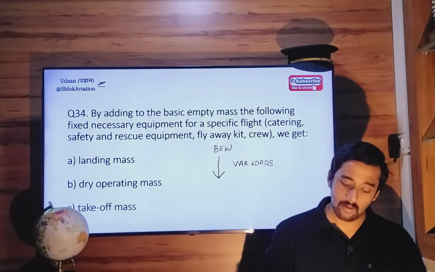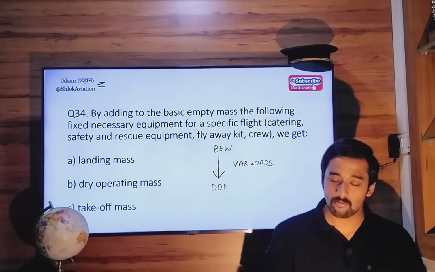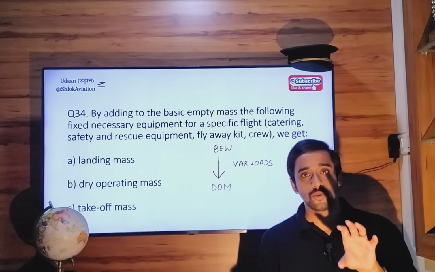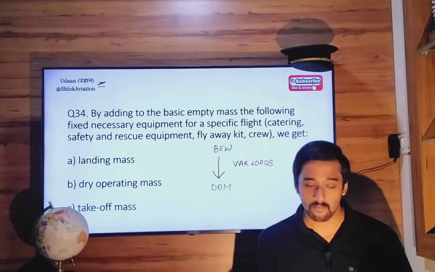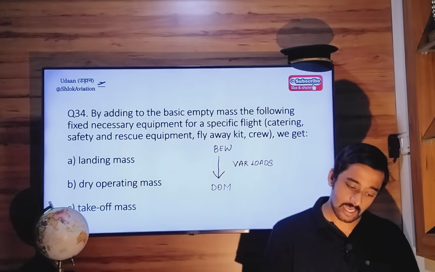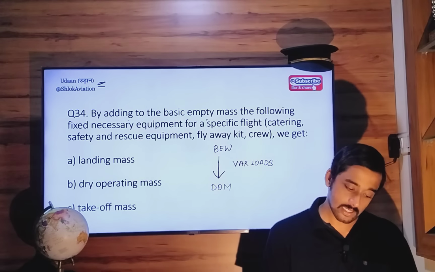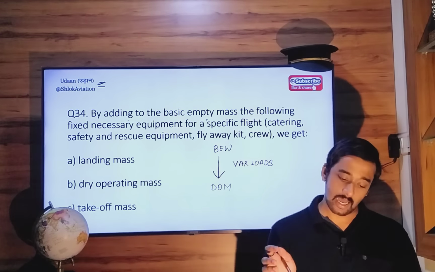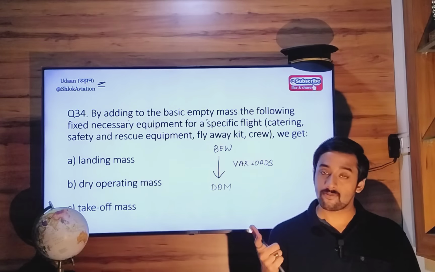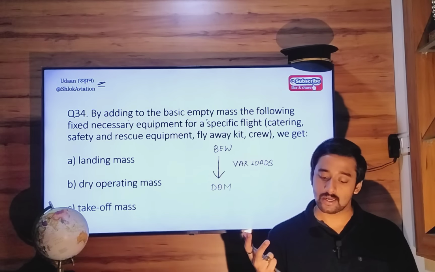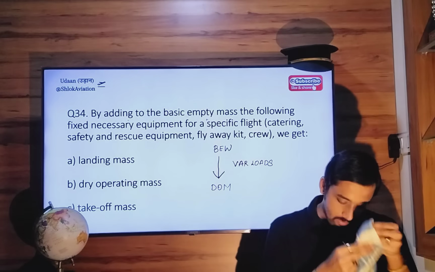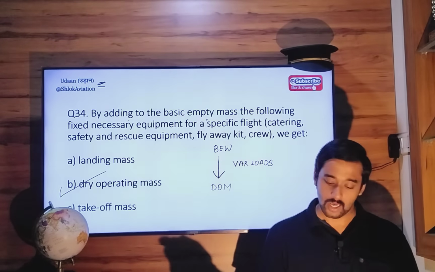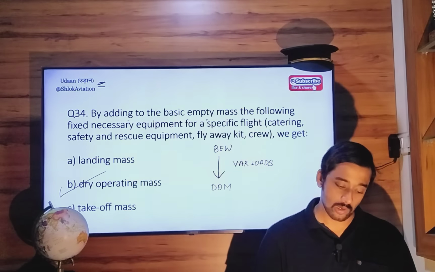So when you add variable loads, you get dry operating mass. So basic empty mass plus variable load equals dry operating mass. So it's written here, by adding to the basic empty mass fixed equipment like catering, safety rescue equipment, flyaway kit, crew, we get dry operating mass. Very simple question, very factual, important question.